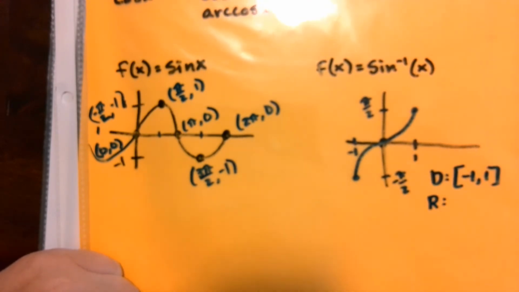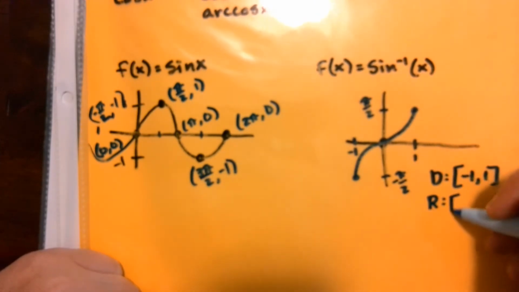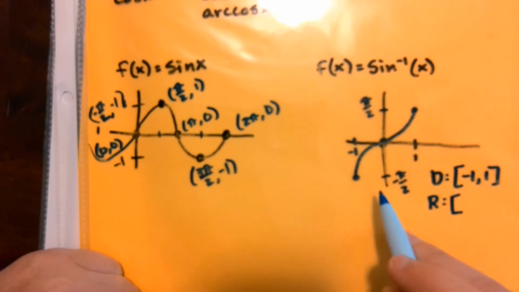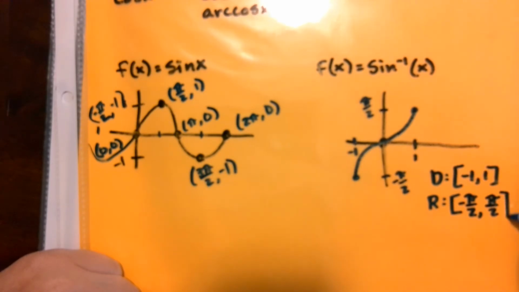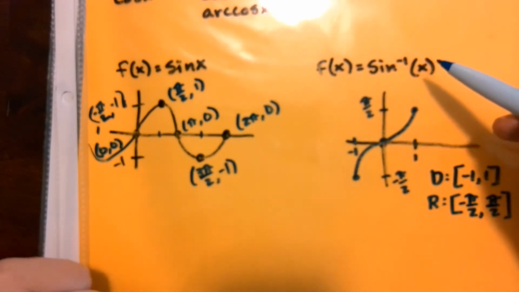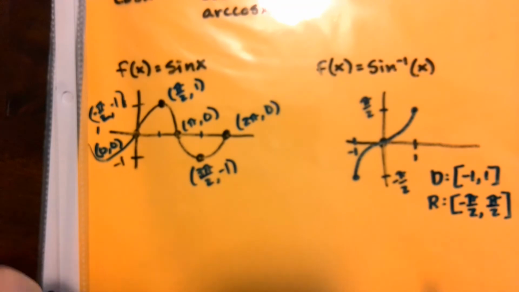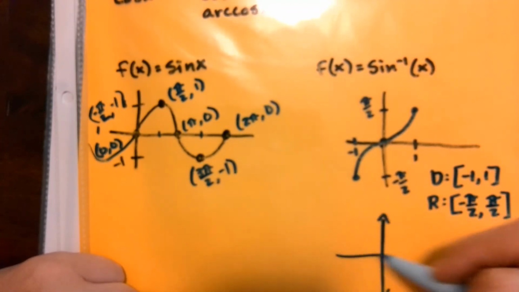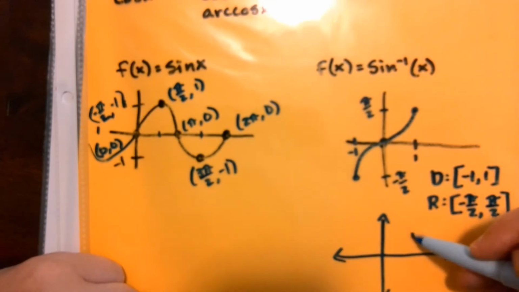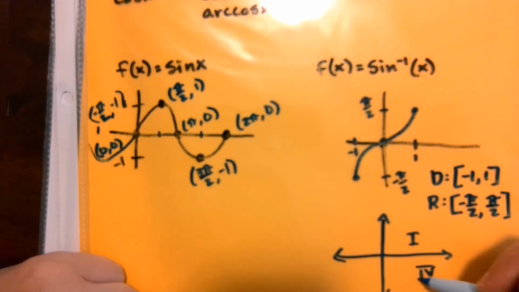And then my range for the values that are going to come out of that, this is the part that's a little bit strange. Because my domain was restricted, my range is restricted to this negative pi over 2 to pi over 2. So what that means for my arcsine is that anytime I'm putting in a ratio, the angles that I'm going to get out of that are only going to be angles that are in the first or the fourth quadrant.